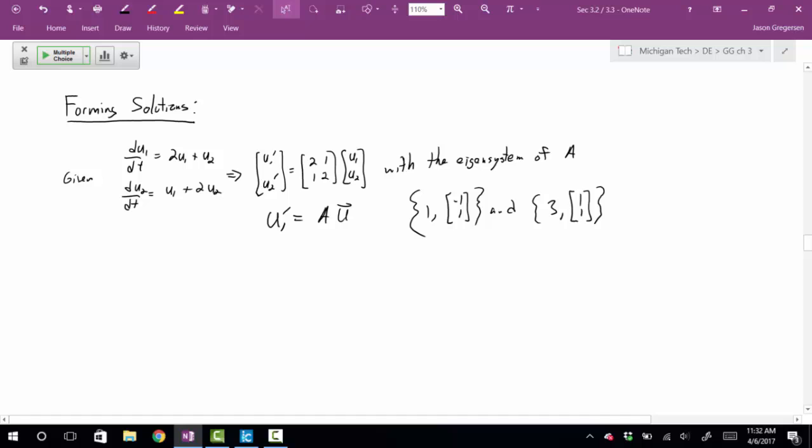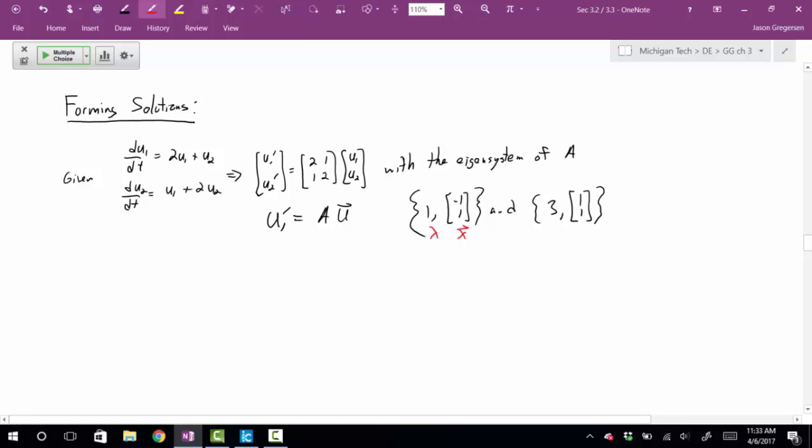So here's an example. I have some differential equation. Rewrite it in the matrix vector form here. And now I'm telling you, here are the eigenvalues and eigenvectors. I took the matrix A and calculated these. I figured out that lambda was equal to 1, and the associated eigenvector was negative 1, 1. All right, here's a value of lambda and a value of x. Well, great.